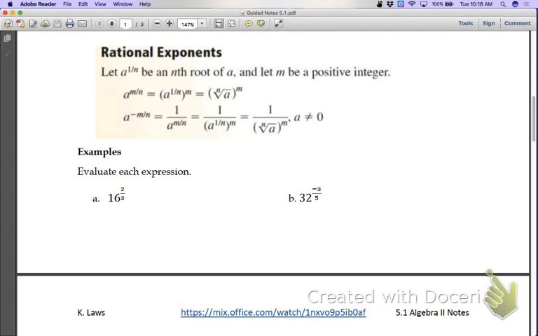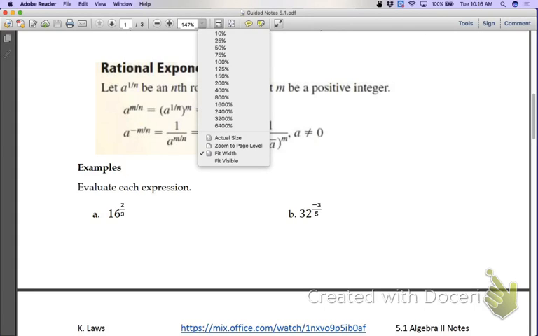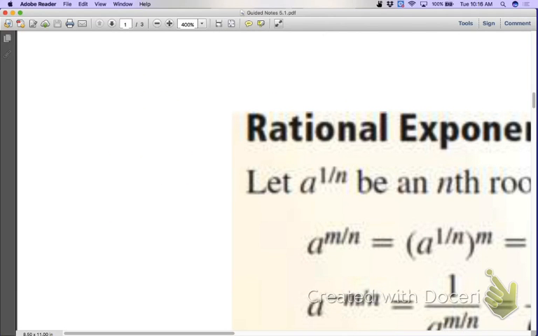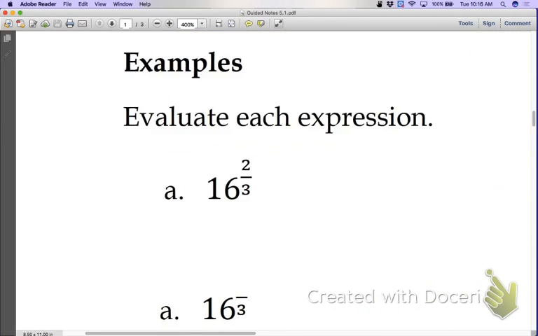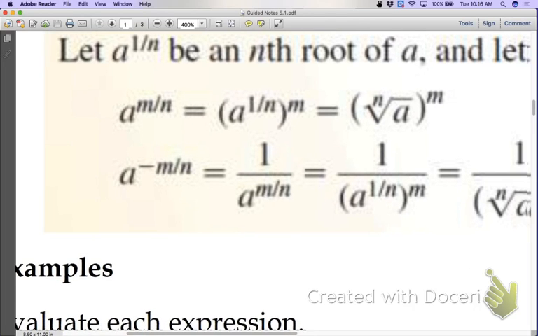So if I have 16 to the 2/3 power, okay, if you notice here, now I write it a little different.